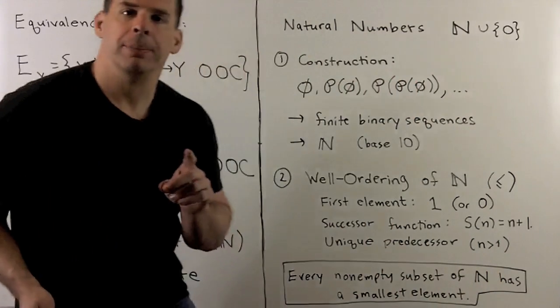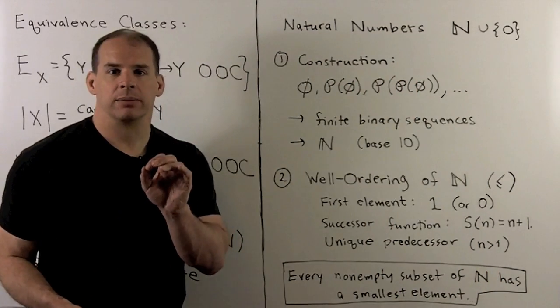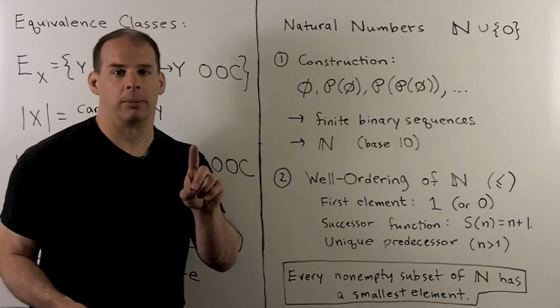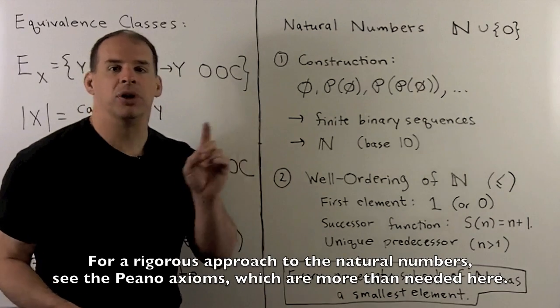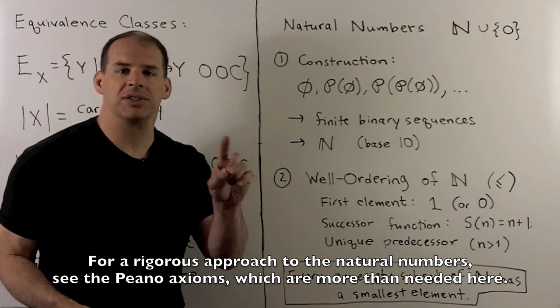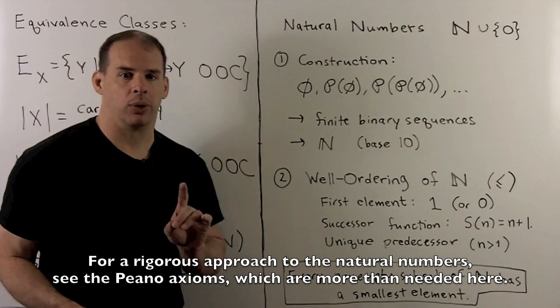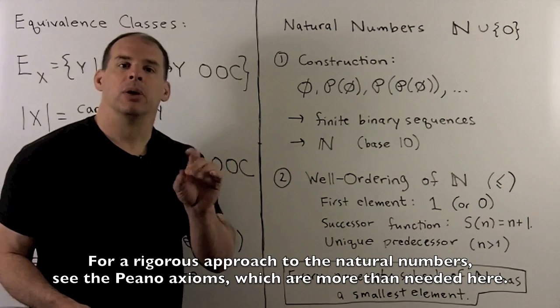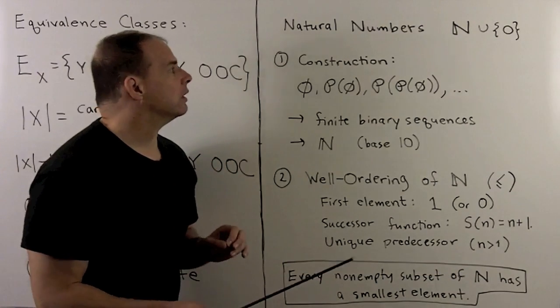Before we could talk about cardinality of finite sets, we need to review the natural numbers. If we were to do a rigorous overview of the natural numbers, we'd bring out all the Peano axioms and explain those. Here, we're just interested in the basics.